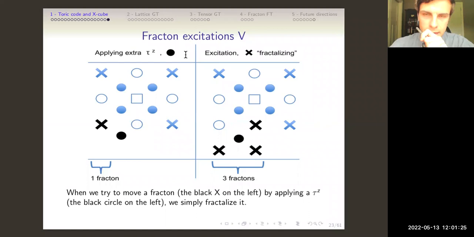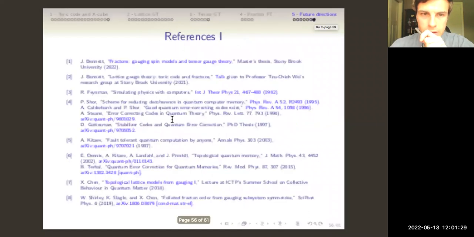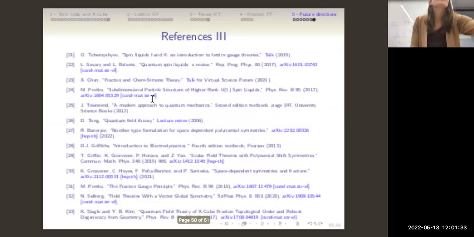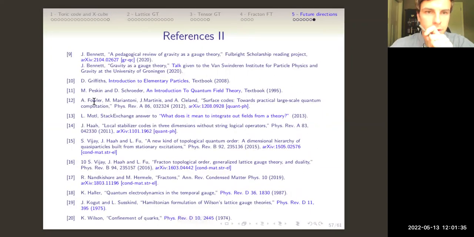Yes, I think what you're referring to is what was just in that condensed matter perspective, the Sierpinski triangle, which was much more noticeable in the very original work of Haah.